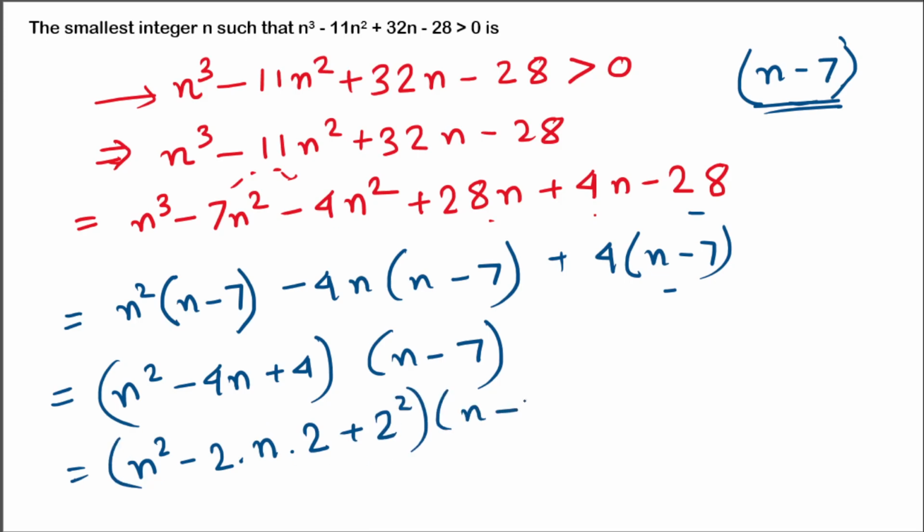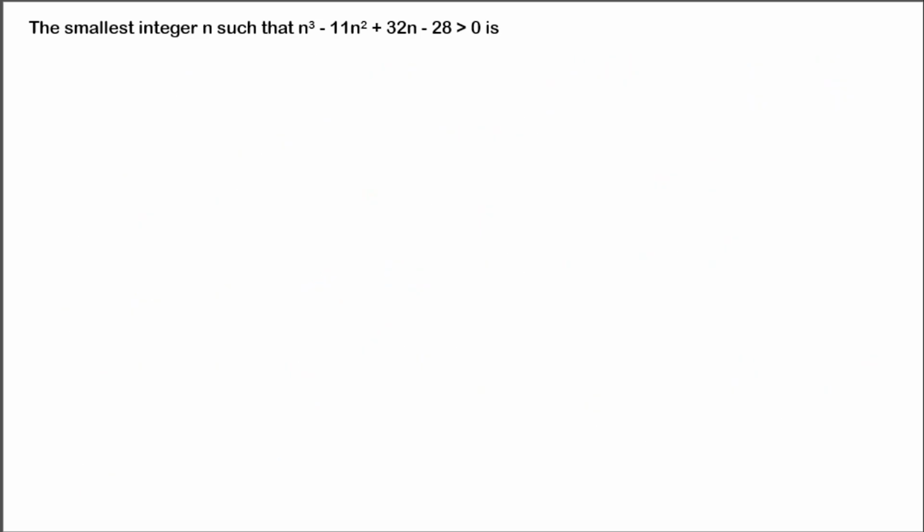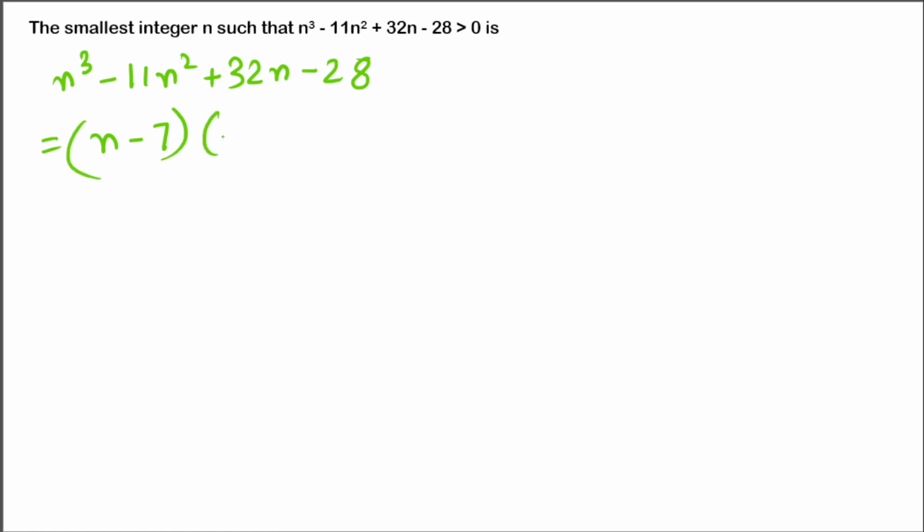So this will simply be n minus 2 whole square into n minus 7, right? So that is where we ended up. Now see, what is this? This is n cube minus 11n square plus 32n minus 28. This has turned out to be n minus 7 into n minus 2 whole square, right?